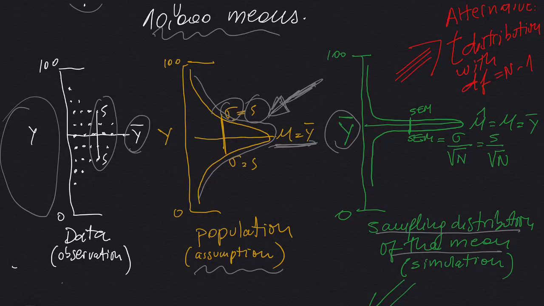So this is the distribution of means, not of samples of 30 observations, not a distribution of raw values of y. It's a distribution of means of y.